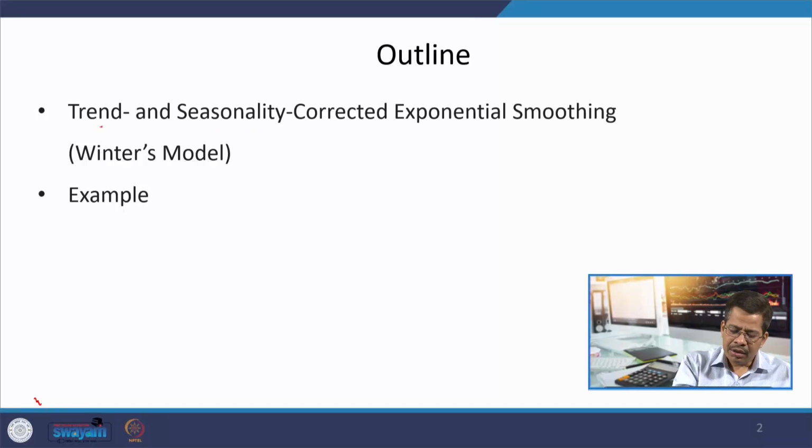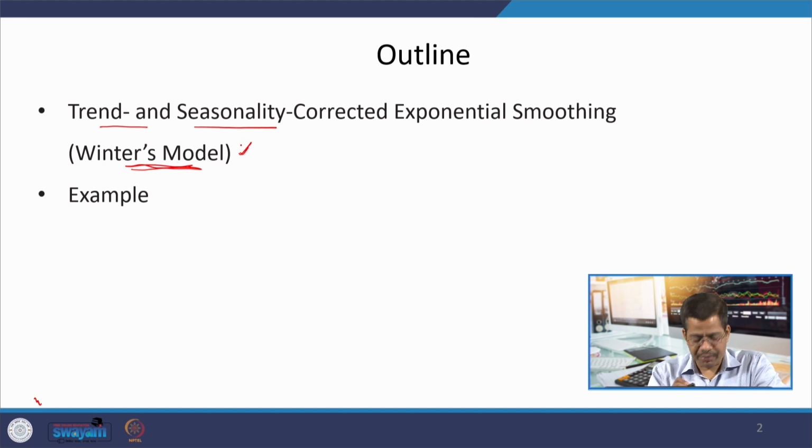Here, we are going to discuss primarily the case of trend and seasonal variations. We discussed in our previous session that these types of models go under the name of the Winters model, where we have both trend and seasonal components.